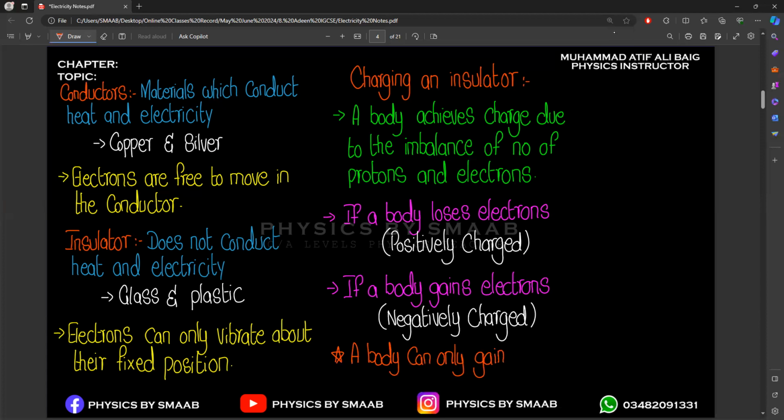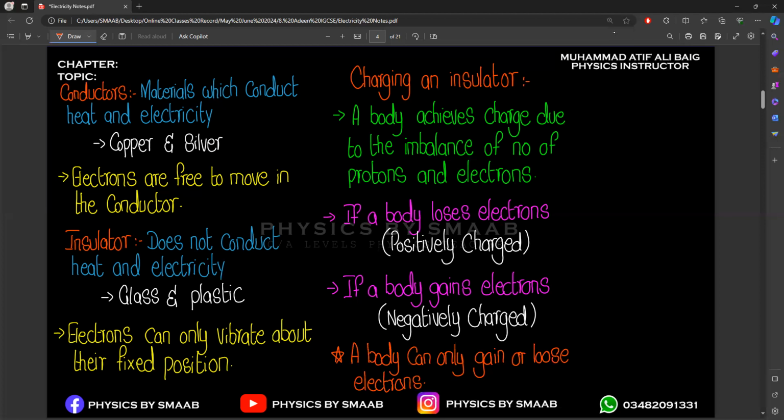Not protons. Protons cannot be added or removed while charging a body. So this is the main idea to charge a body or to charge an insulator.